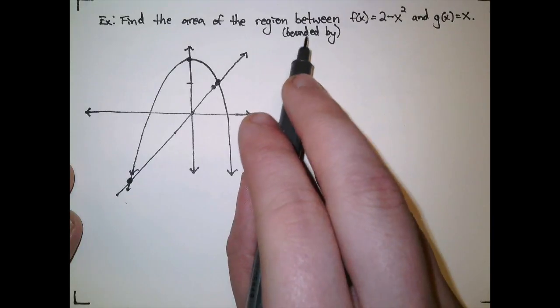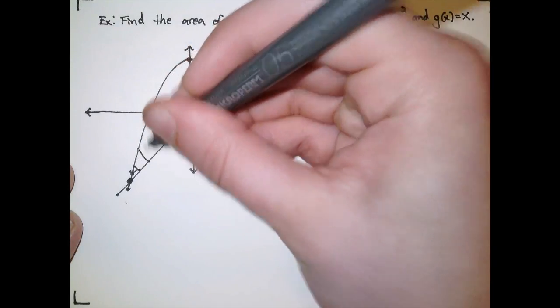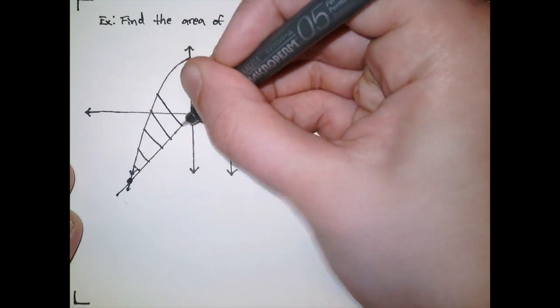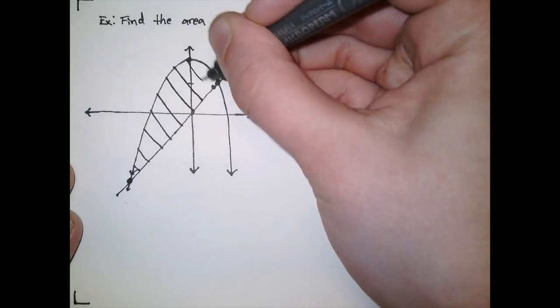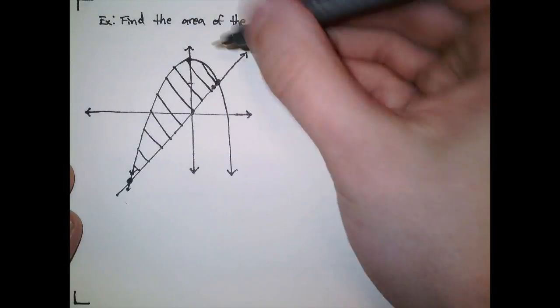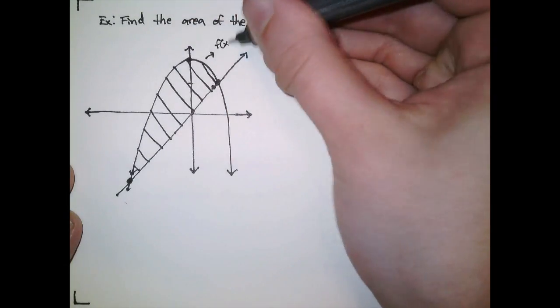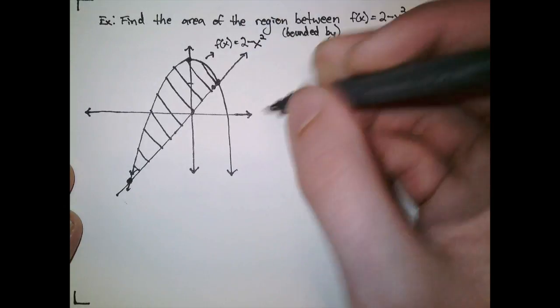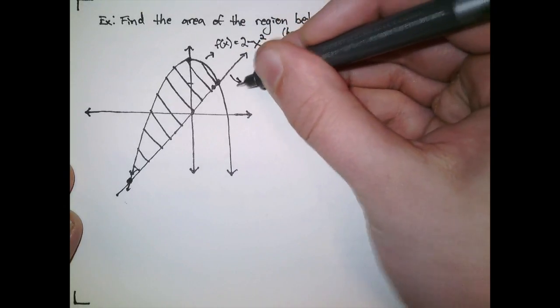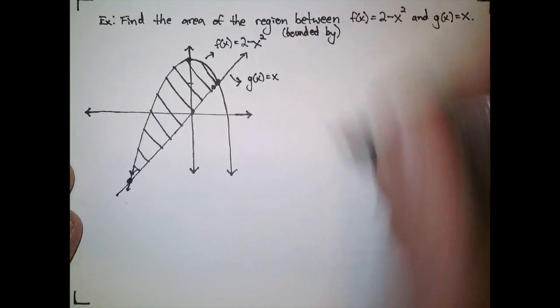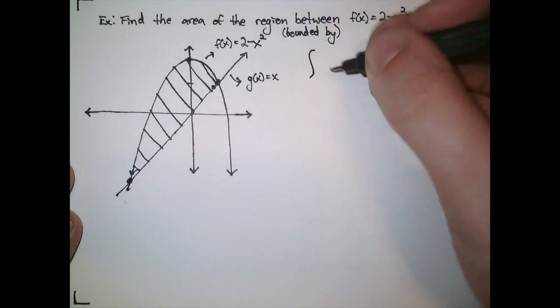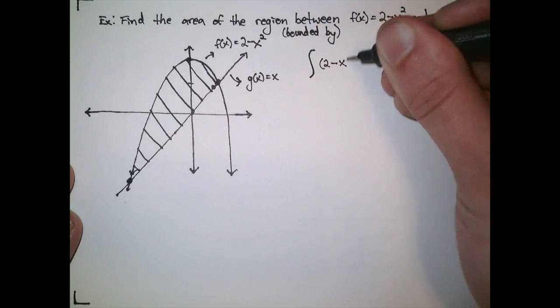But what's important about this problem is that it's bounded between these two curves, so it's that area right there that I'm filling in. But they don't actually give you the a to b. You don't know where f of x and g of x actually meet, which is what defines this problem. We'll have to go in and find what those two x coordinates are that let us set up our integral.